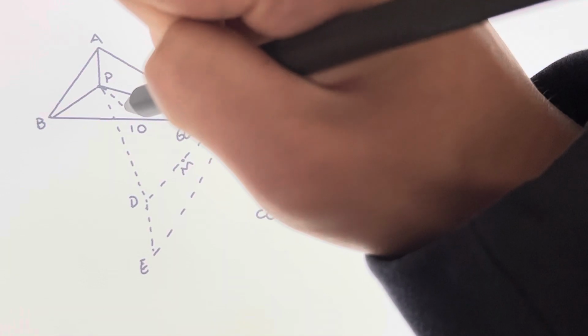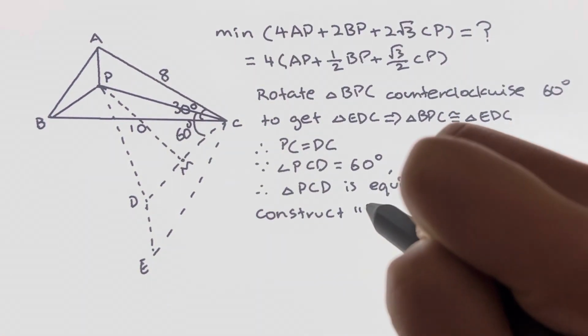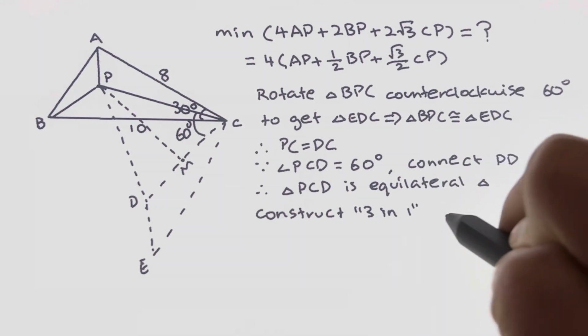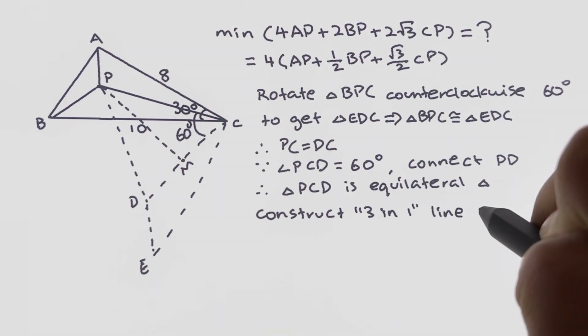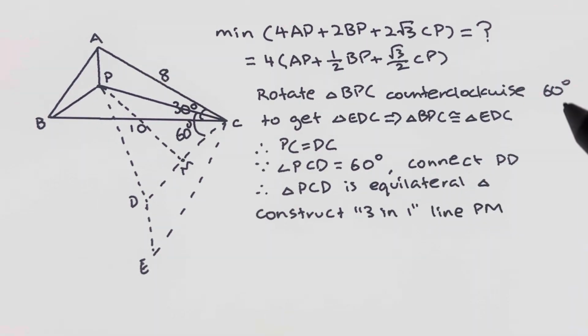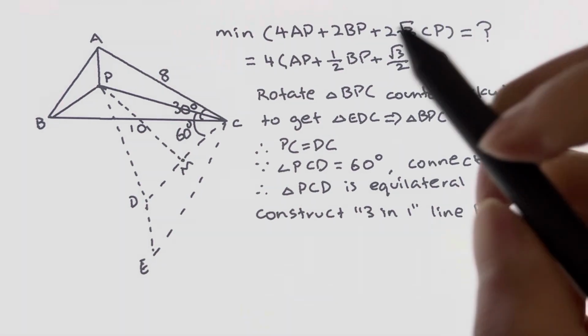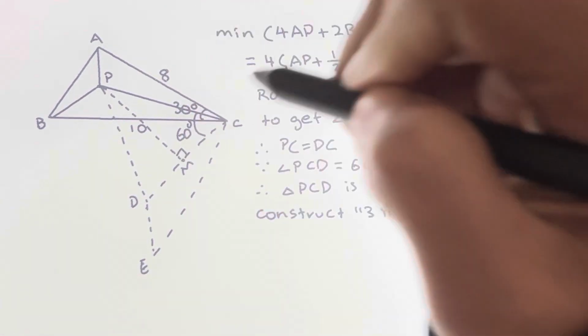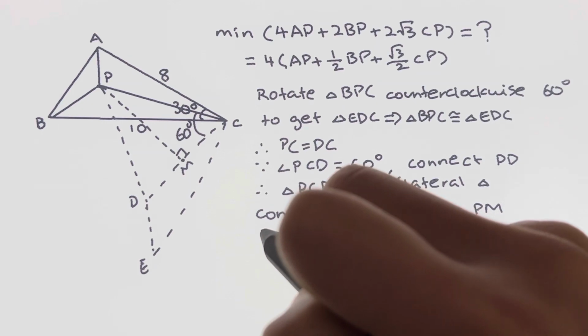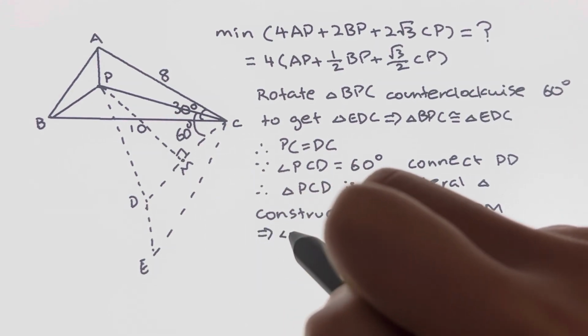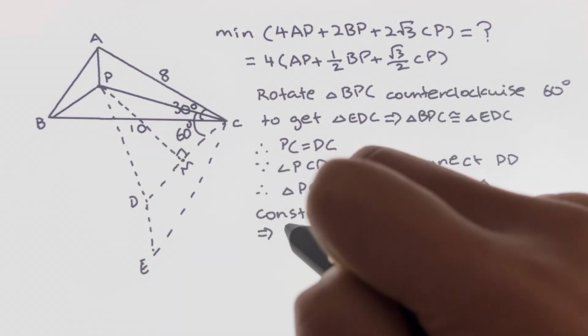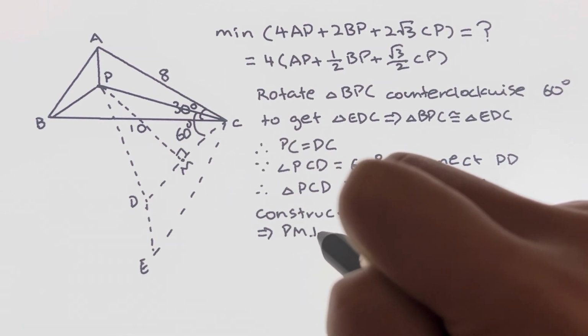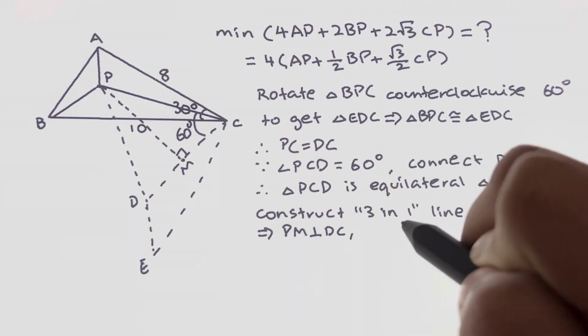So we can construct the 3-in-1 line PM. From this, we have PM perpendicular to DC.